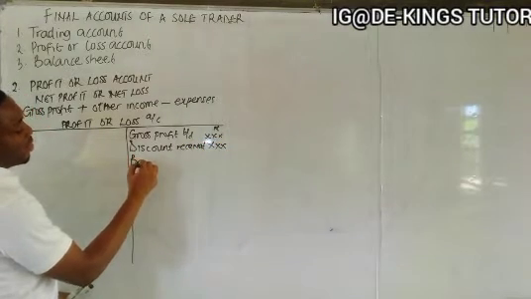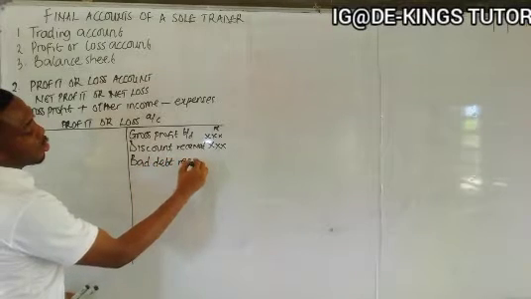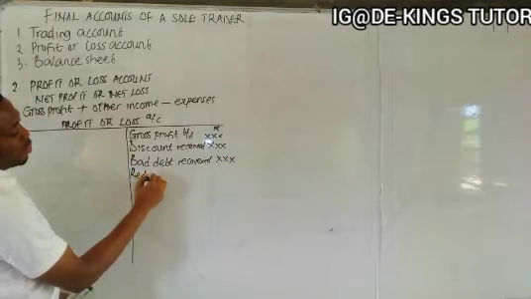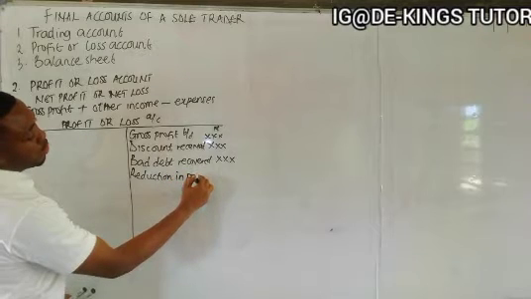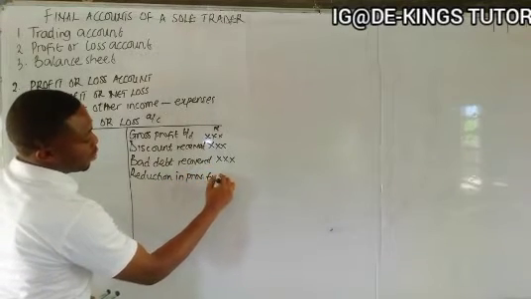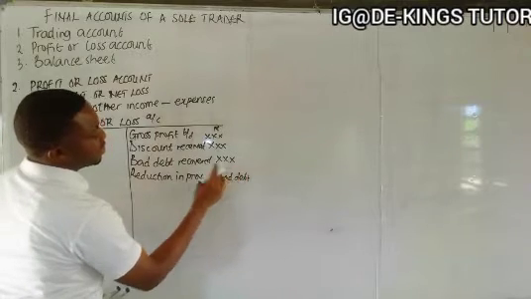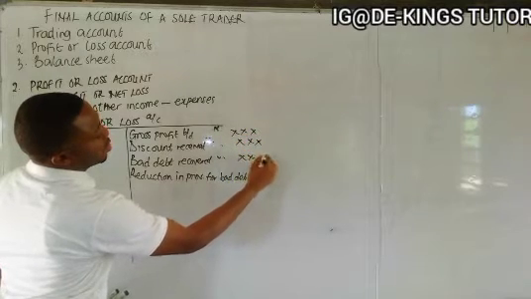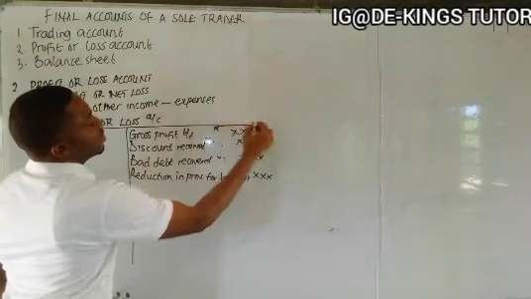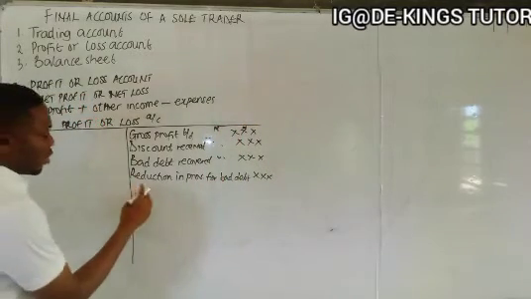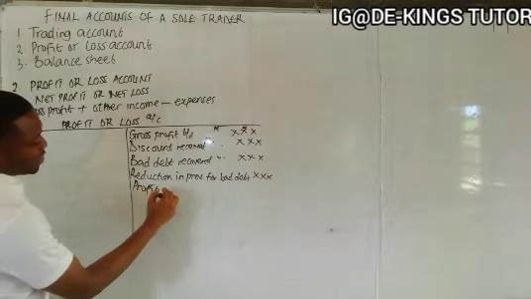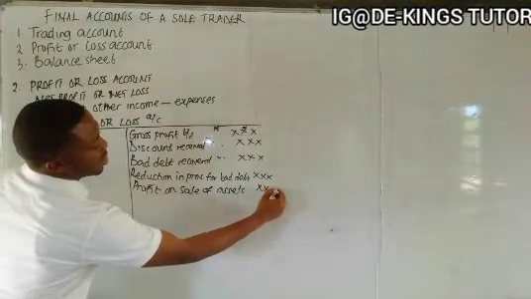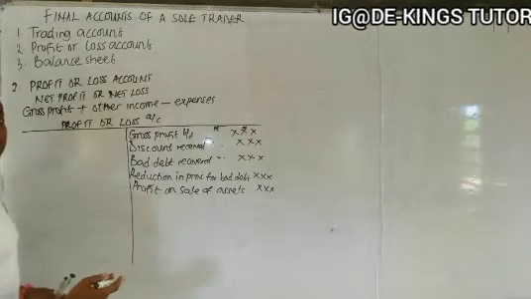We can have bad debt recovered, reduction in provision for bad debt, and we can also have profits on sale of assets. So these are some of the profits.